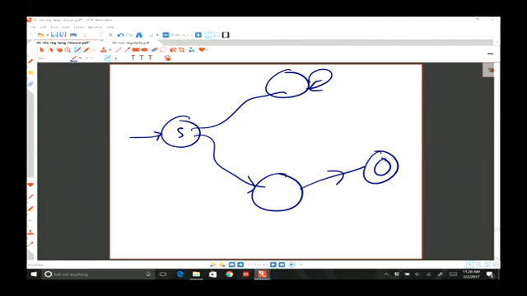Not necessarily. Well, it depends. Okay. So suffix is a little tricky because we are not seeing the original portion of the string, right? So can you create an NFA for it?